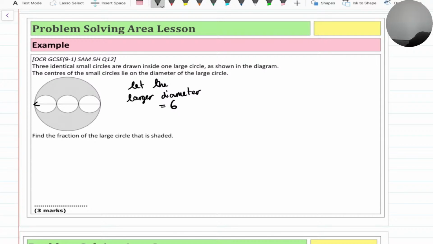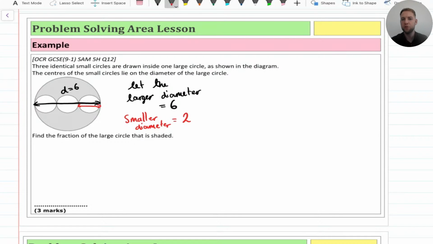So my larger diameter D is equal to 6, which means that my smaller diameter for these ones is going to be equal to 6 divided by 3, which is equal to 2.